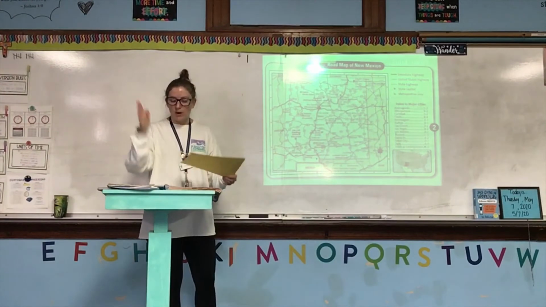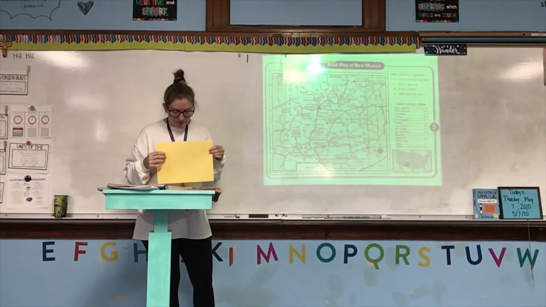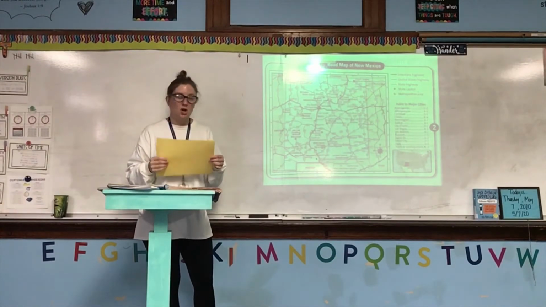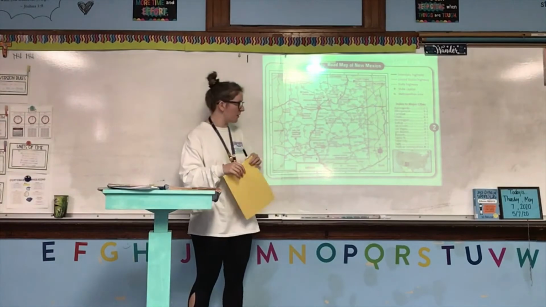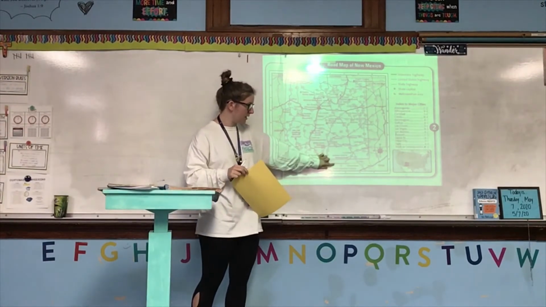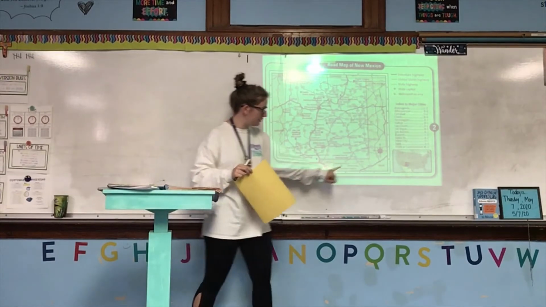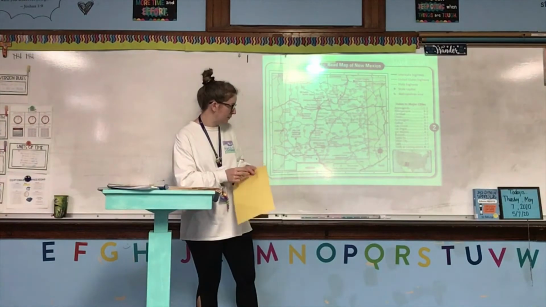So in your book, it says use the map scale to find out how many miles are represented by 1 inch. Well, what you're going to do, just like what we did before, is take your Post-it note and find the map scale, which is right here, between where it says Mexico and Texas, underneath the southern border of New Mexico.